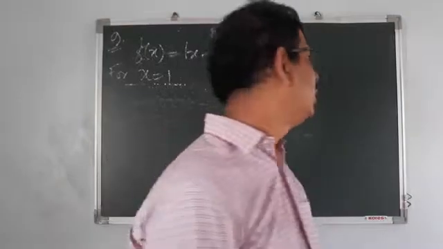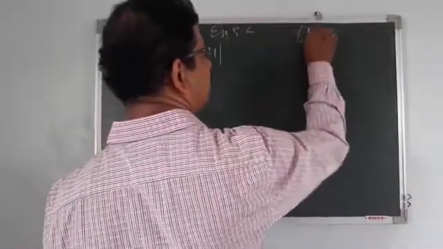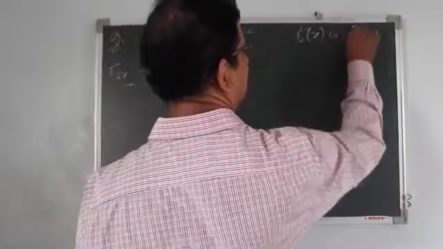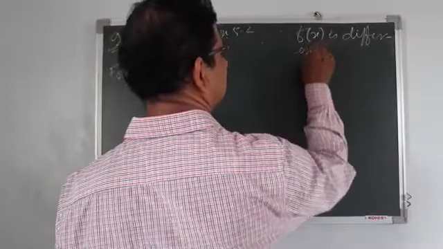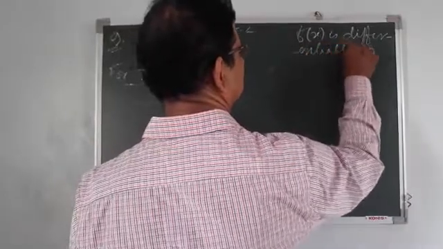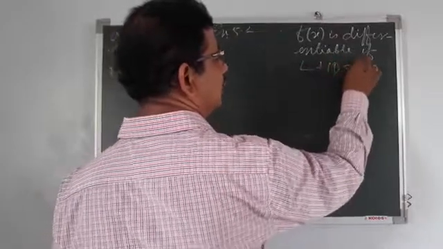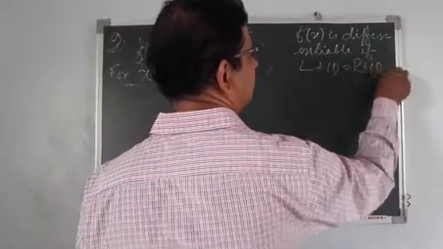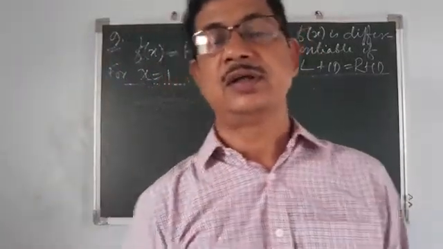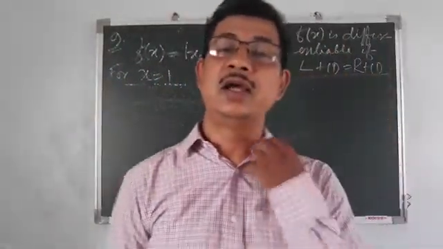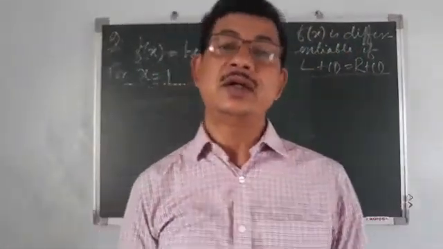For that, we have to remember one thing. f(x) is differentiable if LHD is equal to RHD. LHS left hand side, RHS right hand side, LHL left hand limit, RHL right hand limit.